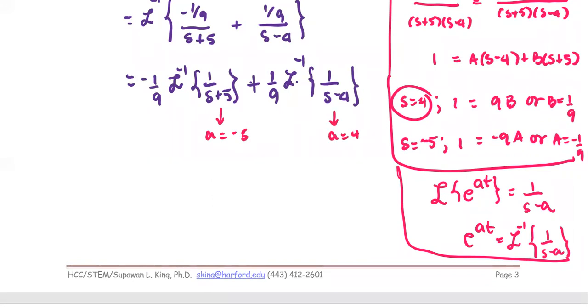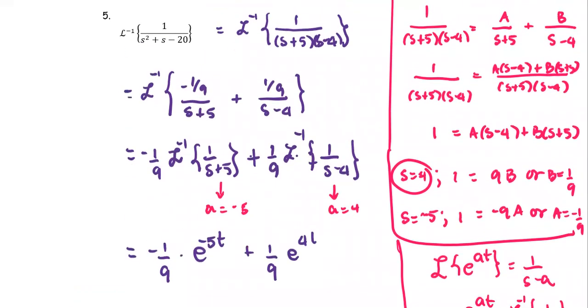Now we can see this as a result of negative 1 over 9 multiplied by e to the power negative 5t, with the second term as 1 over 9 e to the power 4t, as the inverse Laplace transform of 1 over s squared plus s minus 20.